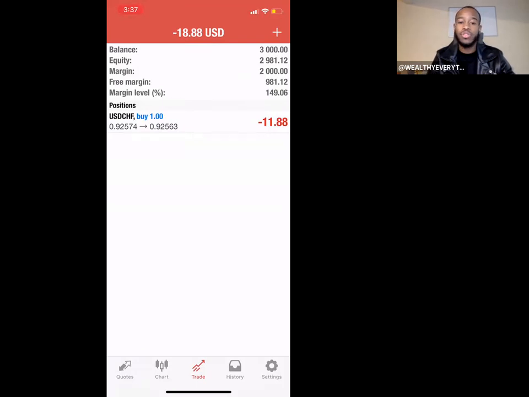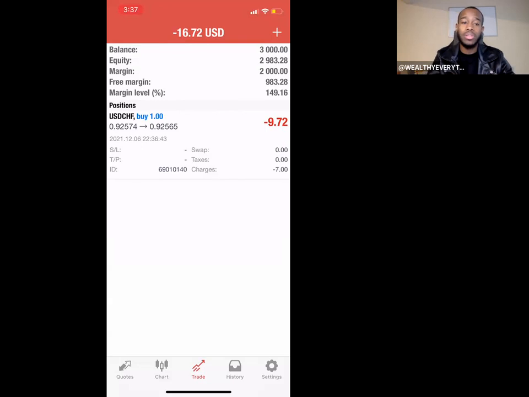So I just placed this trade on USD CHF for one standard lot size. Currently, there's two things I want you guys to notice. Every trade you take has a charge. Now, this is a standard lot, so it's $7. If it was a 0.10, it would be 70 cents.